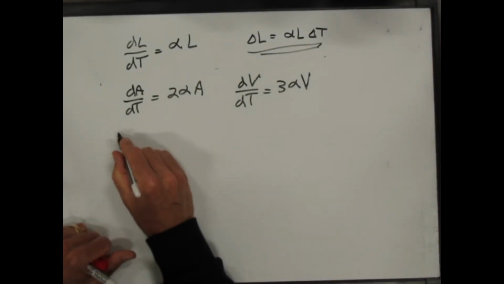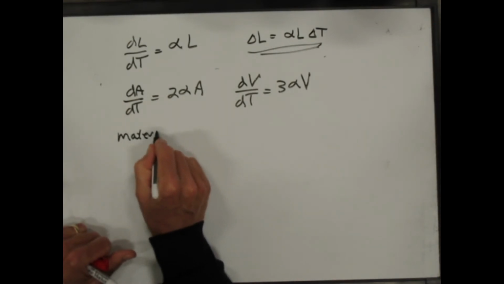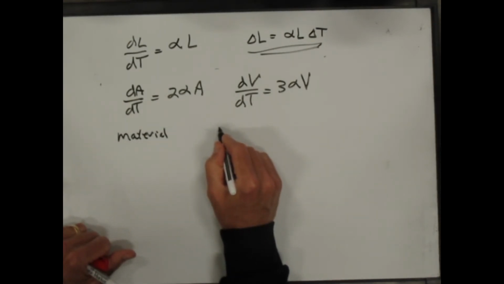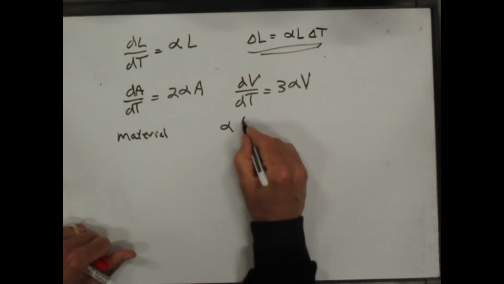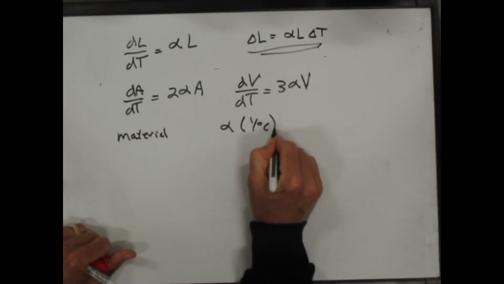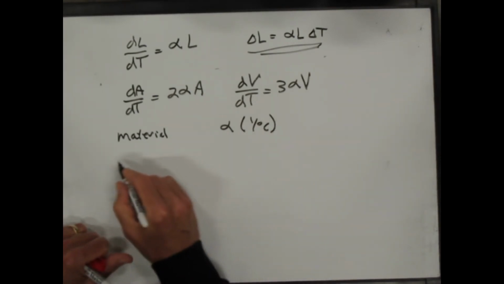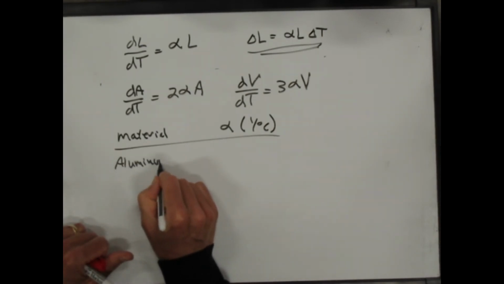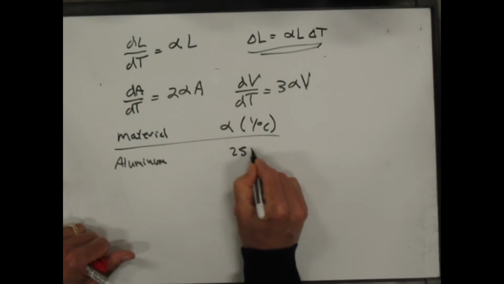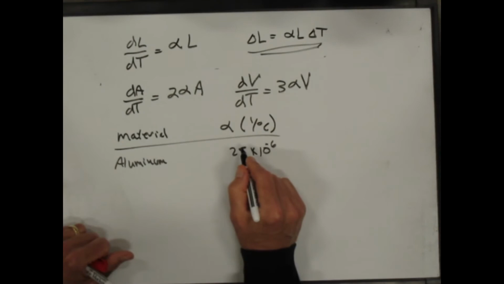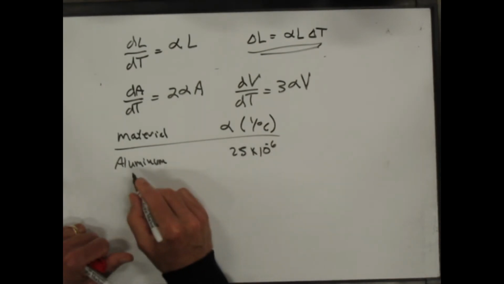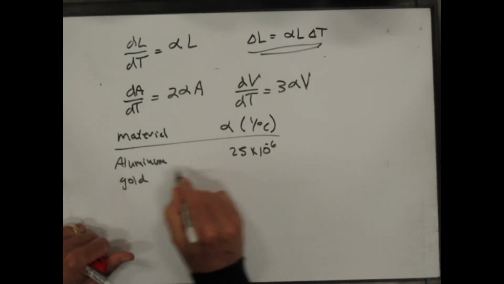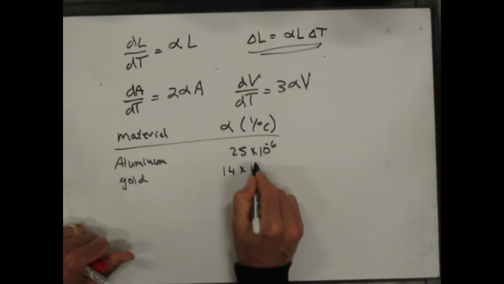I'll give you a few alphas. So I'll just write down a few of these: material, and then alpha, and it's 1/degrees Celsius. That's the units for alpha. And so let me give you a few. Aluminum is 25 times 10 to the minus 6. Gold is 14 times 10 to the minus 6.